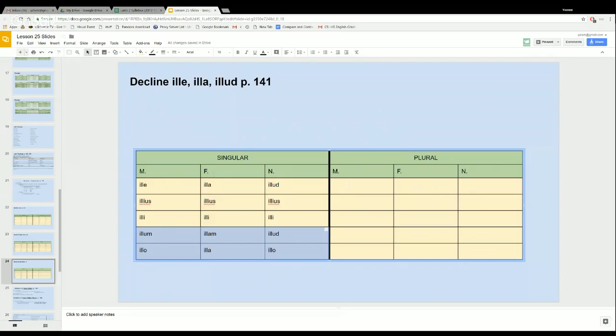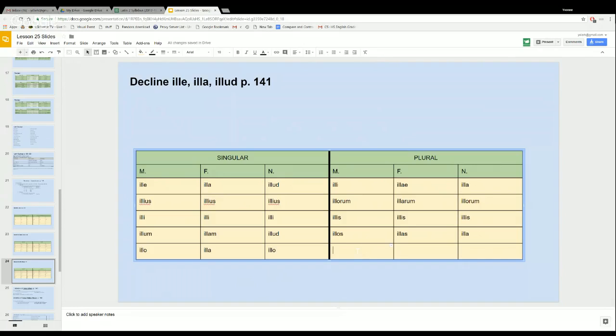All right, well, let's move on now to the plural. Illi, illae, illa, illorum, illarum, illorum, illis, illos, illas, illa, illis.